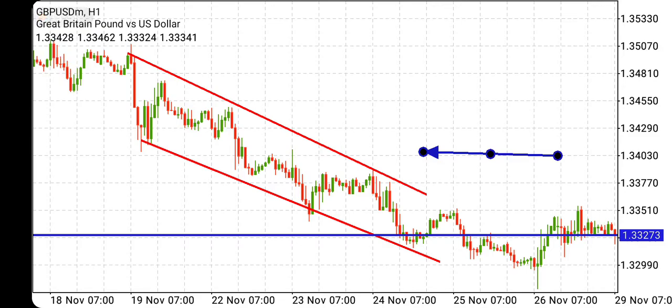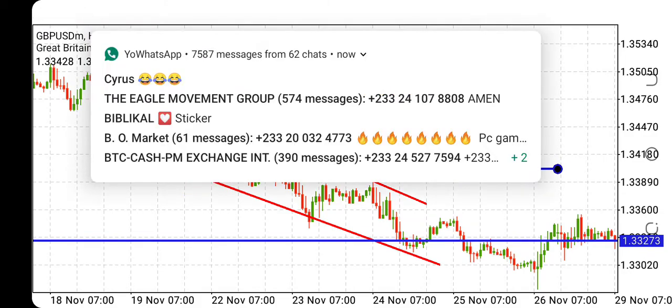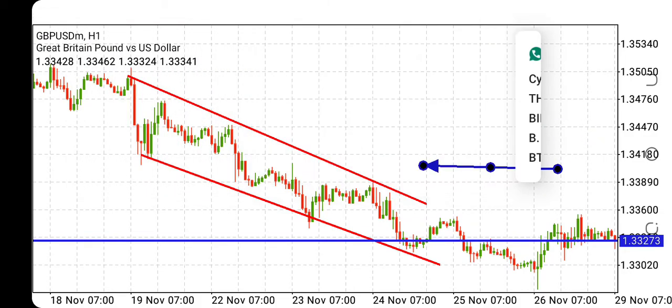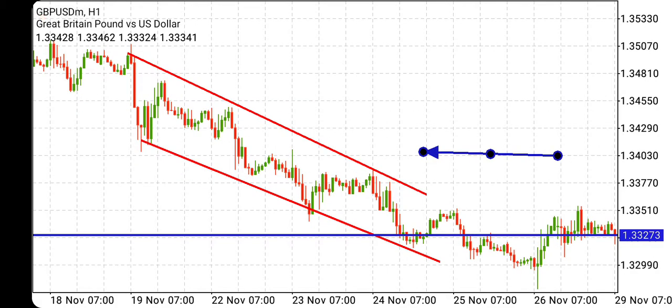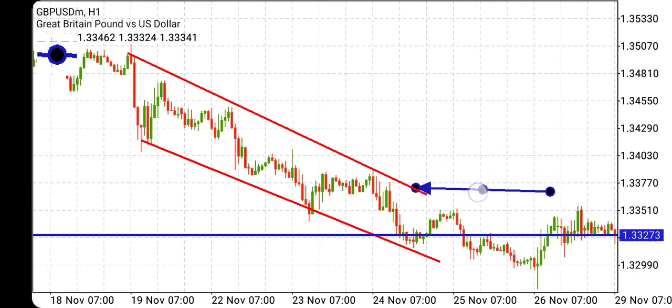But remember, this is a downtrend, and it is dangerous to go for a buy in a downtrend. So even if you see a bullish engulfing candle forming at the point of resistance here, and you are tempted to go into the market, you have seen the pattern, but this will work perfectly for you if the market were in an uptrend.